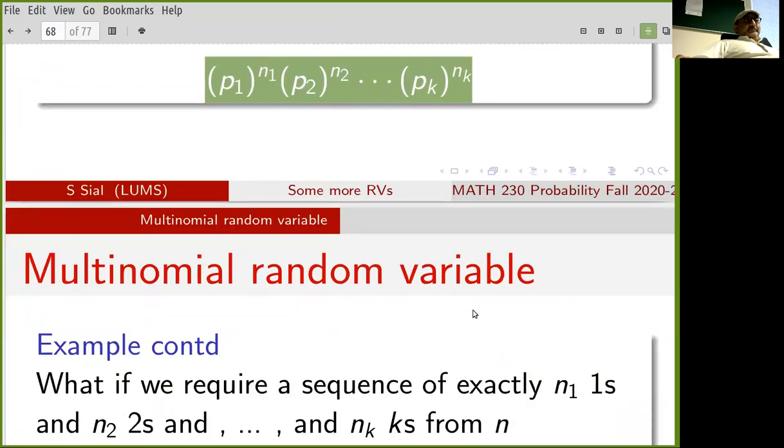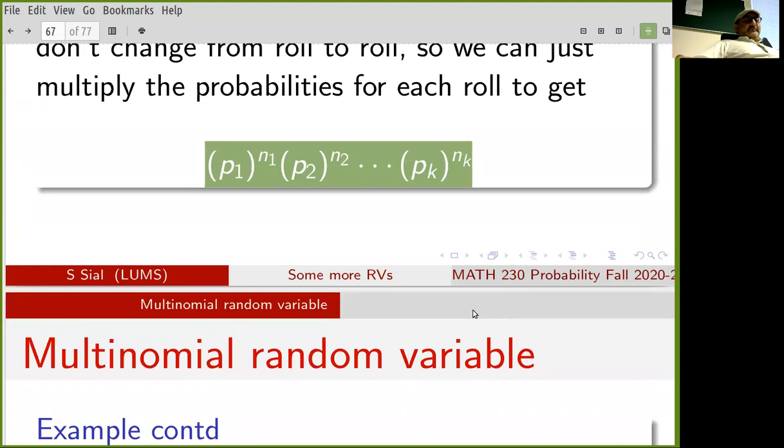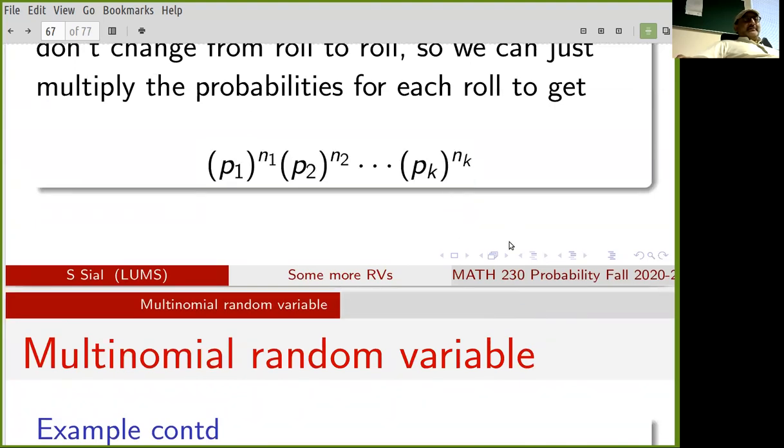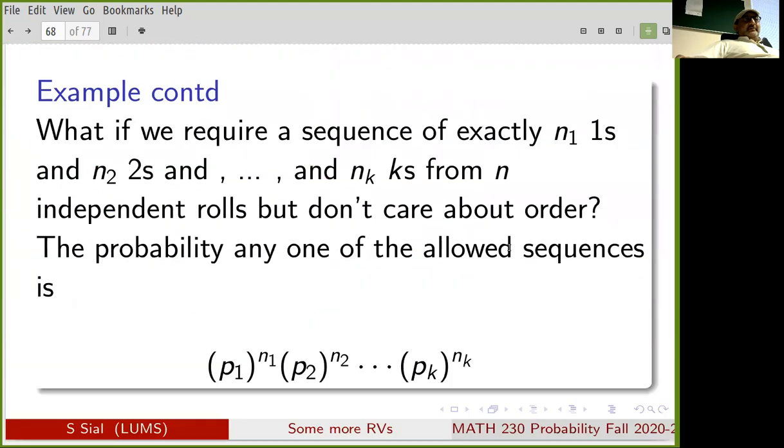Now, instead of requiring exactly a particular sequence, we can have these results of 1s, 2s, 3s, and 4s up to k's occurring in any order. How many ways of doing that are there?